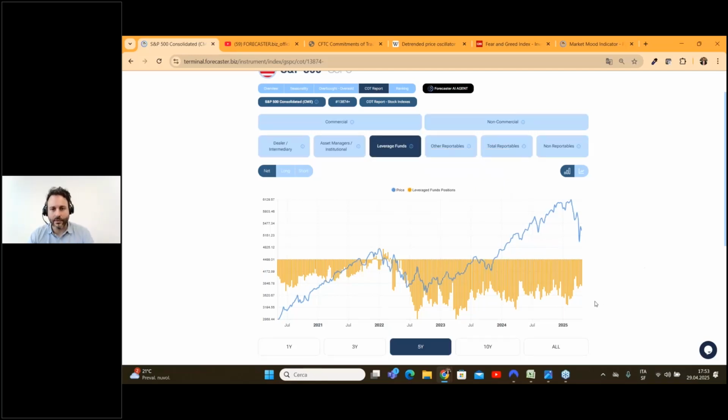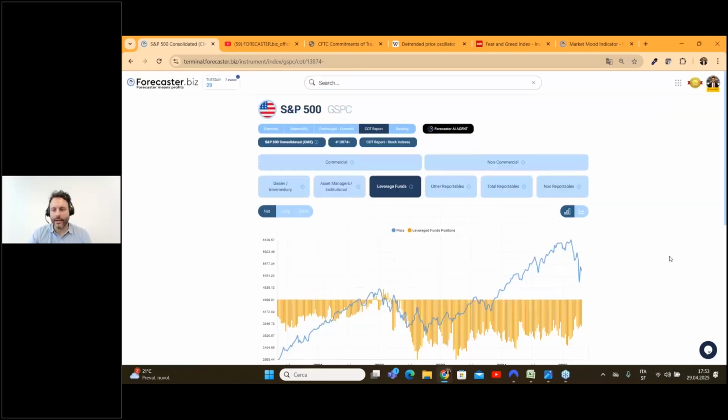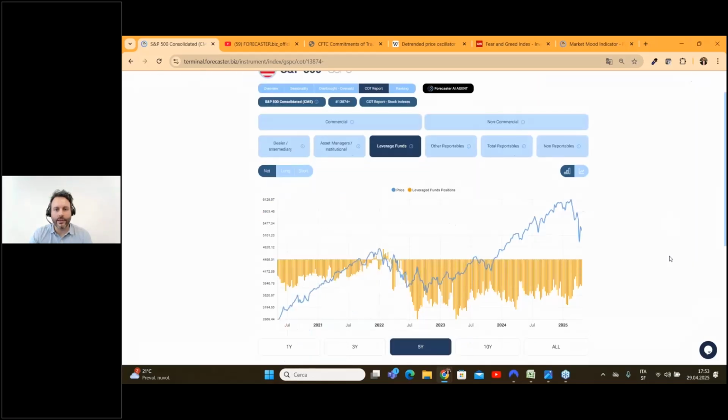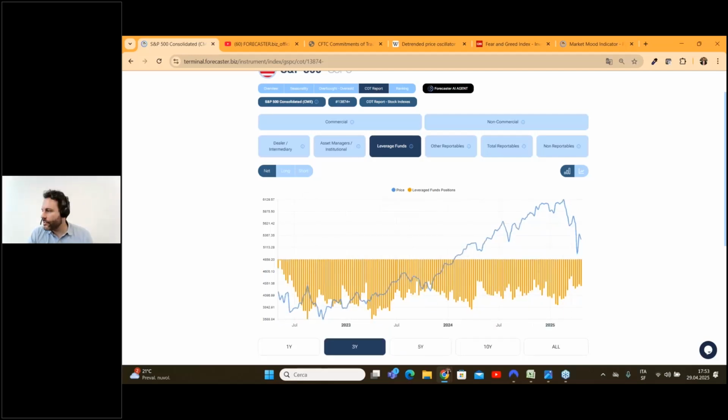So for example, if we would like to analyze the COT report for the S&P 500, we can definitely say something really interesting because look, these are the net positions.